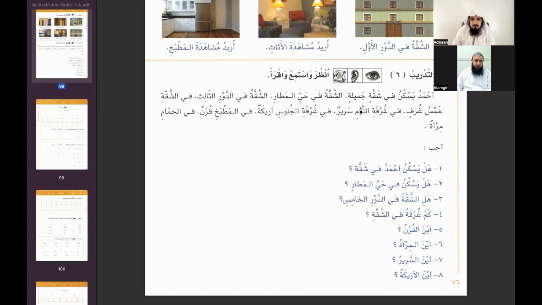Ahsant. Now notice how I'm going to teach you this, and later on you'll take it in more detail. Notice how here is fi. Fi means in. Notice how here again, second time is fi, means in. Notice how here, 3rd time, fi, in. That's not my point. My point is, every word that's coming after fi has got a kasra.